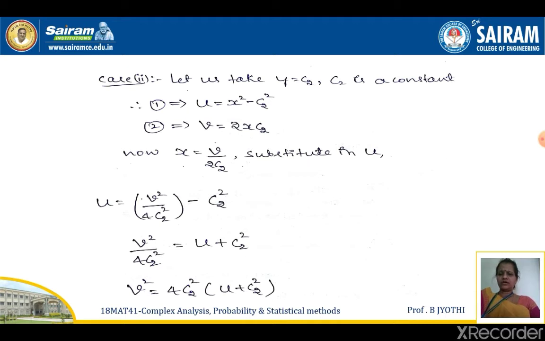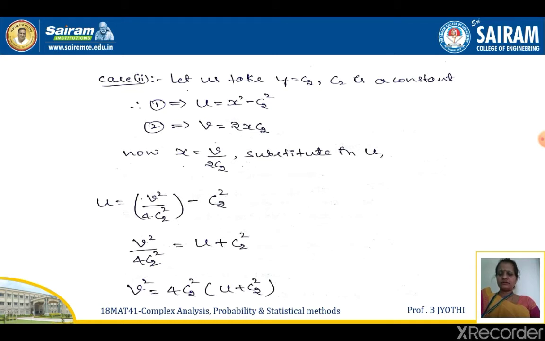Now x equals v by 2C2, which on substituting in u, we get u as v squared by 4C2 squared minus C2 squared.